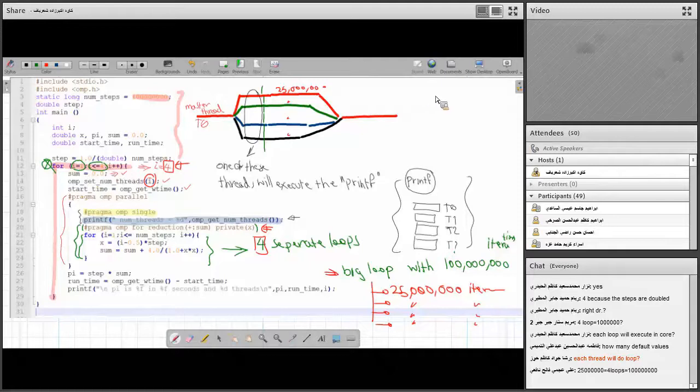I equals 1, run the program with just 1 thread. 2, run the program with 2 threads. 3, 3 threads. And 4, run the program with 4 threads.